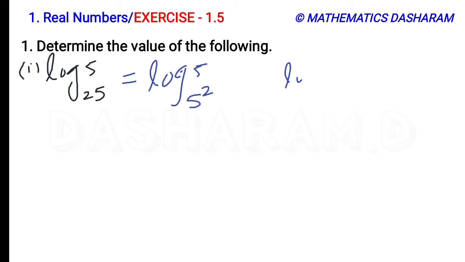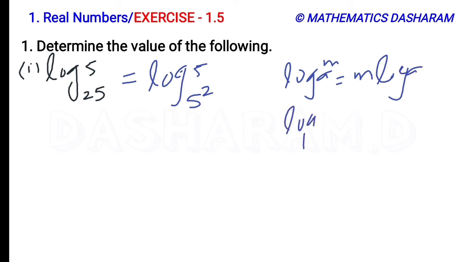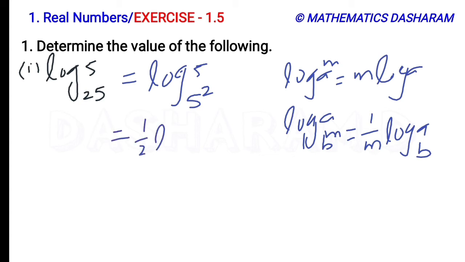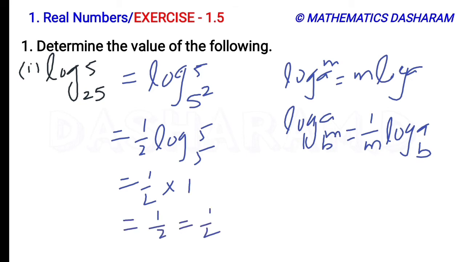The formula for log a to the power of m is m log a, but here the power is on the base, so log a base b to the power of m is 1 by m log a base b. So here 1 by 2 log 5 base 5. Here the number and base are both the same, so its answer is 1. So 1 by 2 into 1 is 1 by 2.